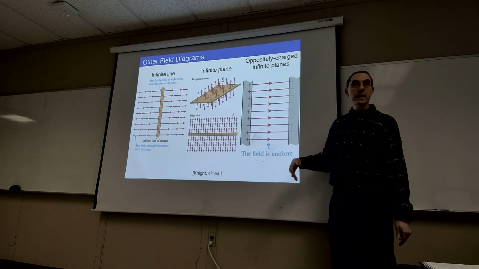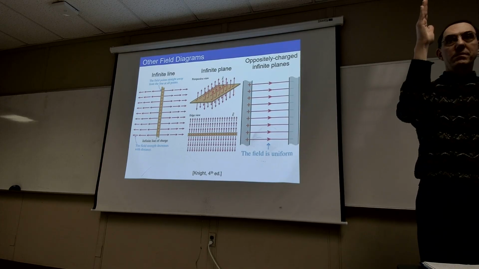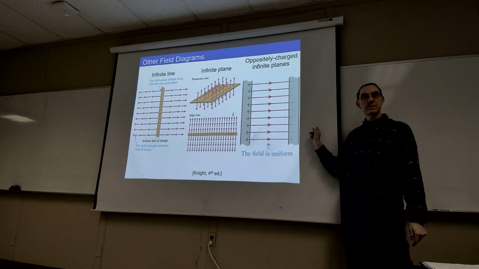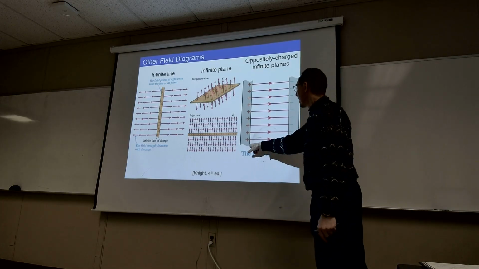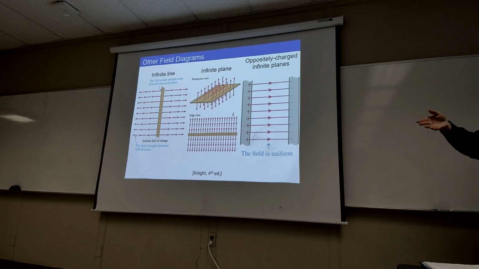So if I want to make a nice uniform field, I can take two plates, put them together, and I get a uniform field. Does anybody know what this device is called? We'll come back to this later. So, anyway, some examples of field vector diagrams and field line diagrams. Any questions here? Okay, just make sure you get a little familiar with these.